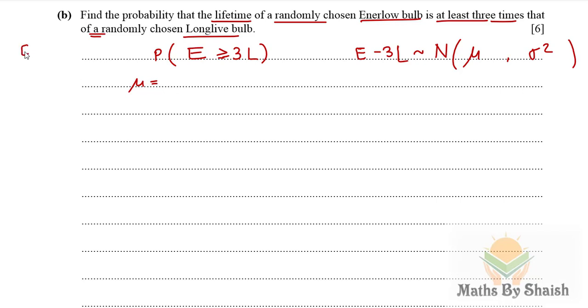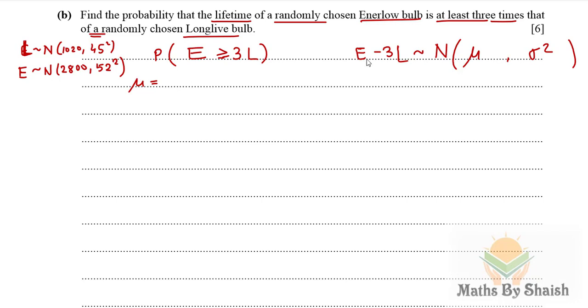From the first part, L was normally distributed with mean 1020 and variance 45², and the inner low bulb E was normally distributed with mean 2800 and variance 52².